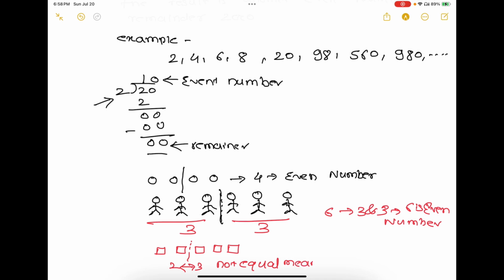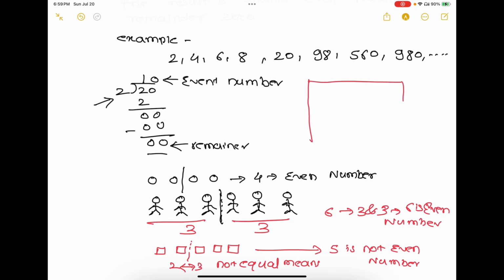Means 5 is not even number. Okay, so always remember this point. Even number is divisible by 2 and we can divide the even number into two equal parts.